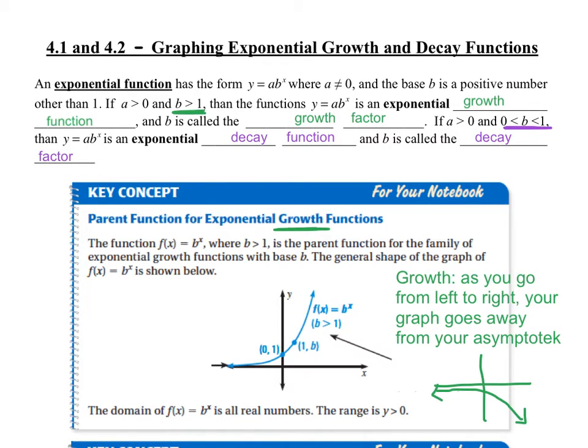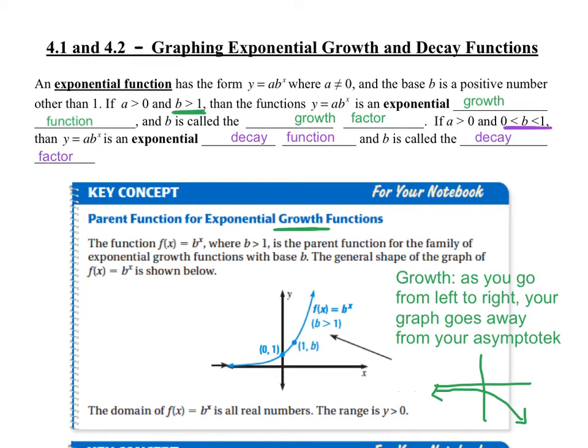And your asymptote, guys, we're going to talk a little more about this, but your asymptote is a line that your graph approaches but never actually reaches, because each time it gets closer and closer and closer, but it can't ever reach that.